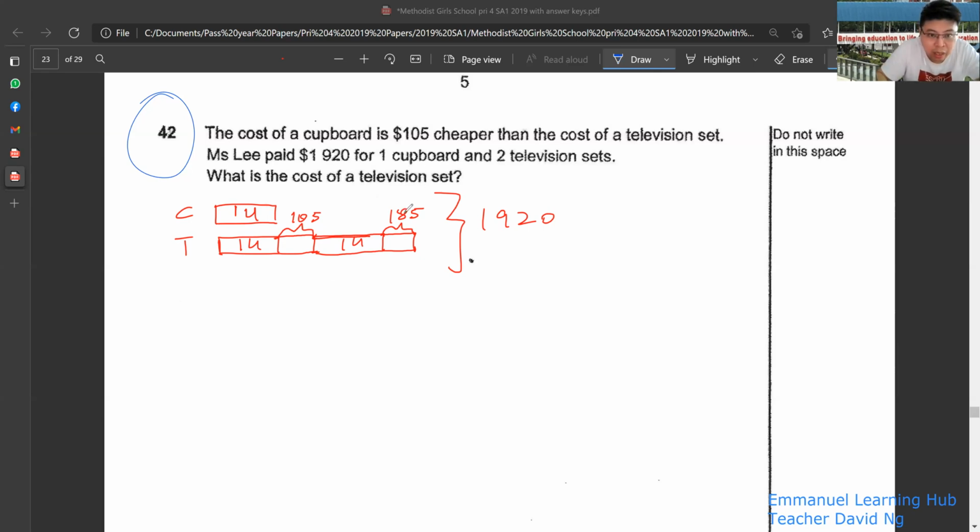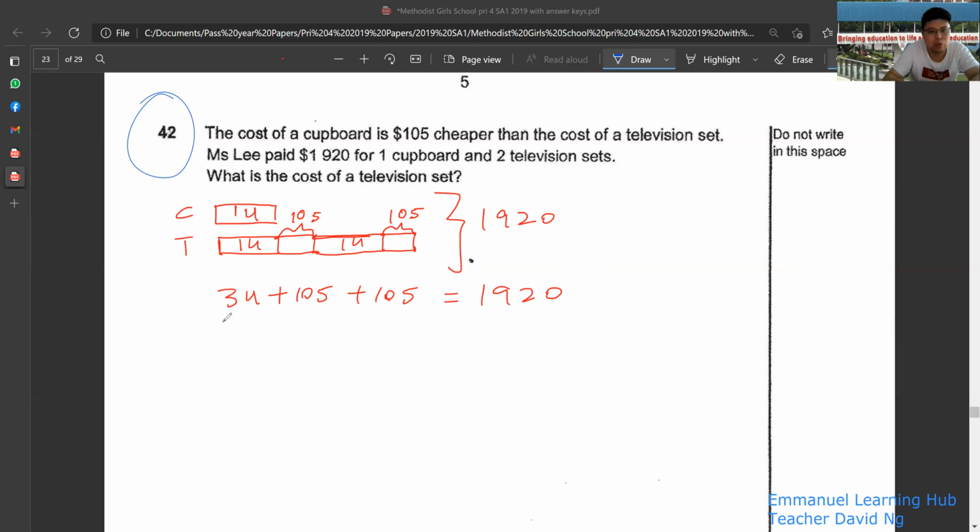This is not 185, this is 105. I write clearer first. Yeah, 105. So how many units are there? 1, 2, 3, right? 3 units, plus 105 plus 105 equal to 1,920.